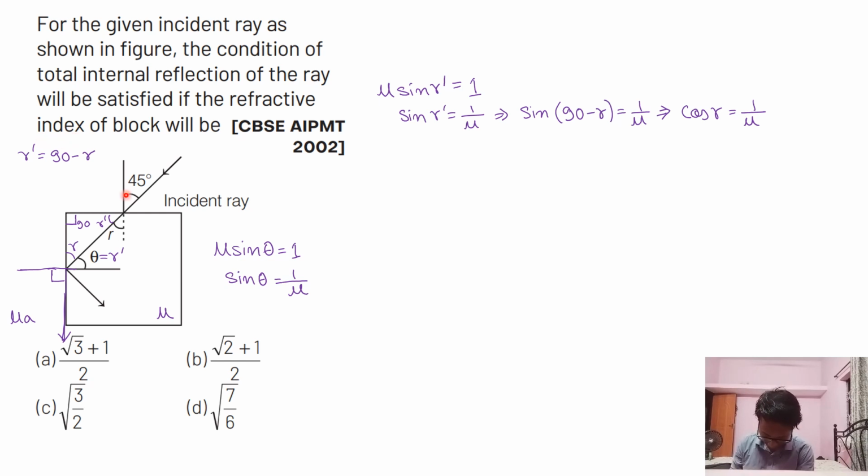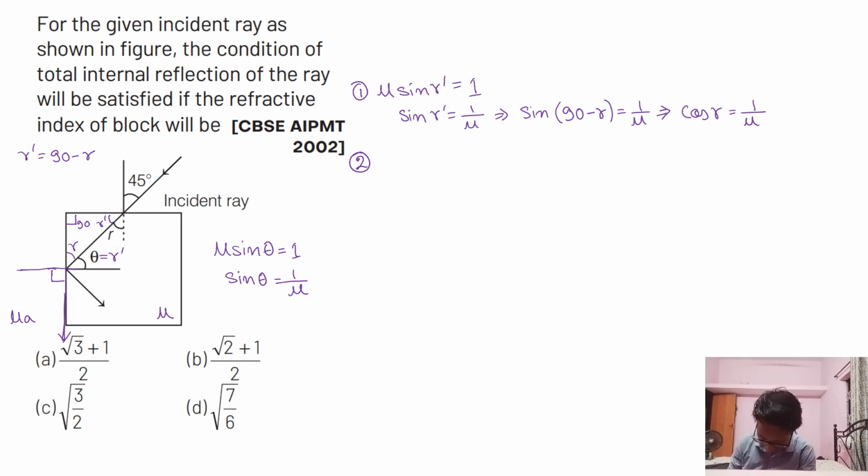Refractive index of the block. See, if we apply Snell's law out here, this is our condition 1 where you apply Snell's law at the refractive or total internal reflection surface. If you apply Snell's law out here, can I say mu a into sine 45 is equal to mu into sine r?